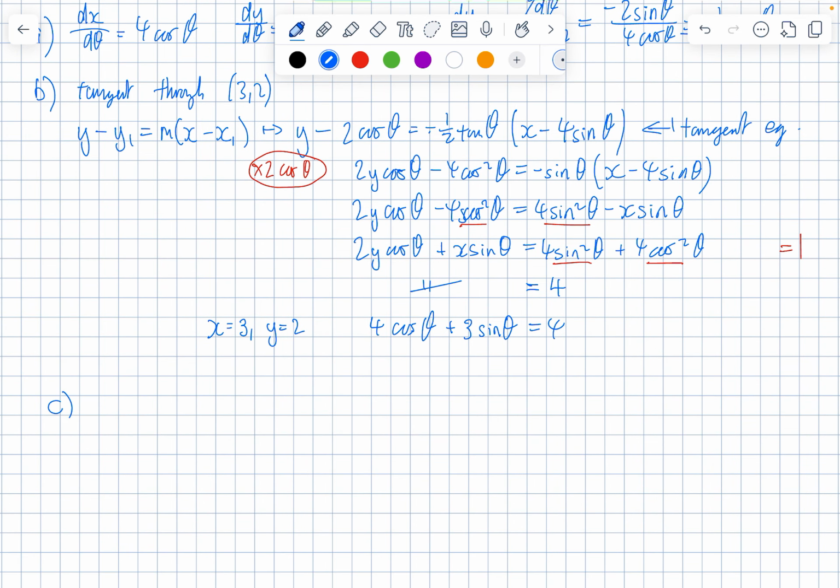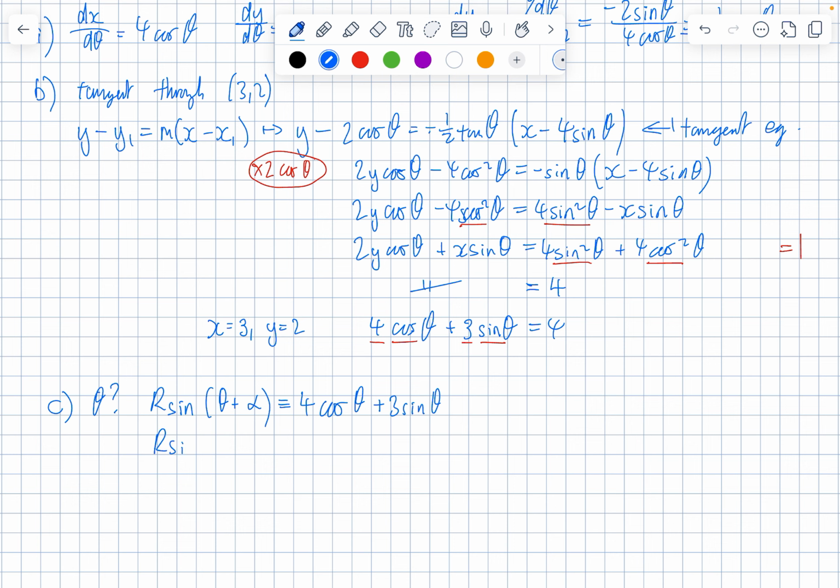So for part C, trying to find theta. Now I'm going to use R sine theta plus alpha, because remember I've got two functions and two different coefficients. I'm going to write the equivalent in this form of 4 cos theta plus 3 sine theta. So remember, go through the expansion.